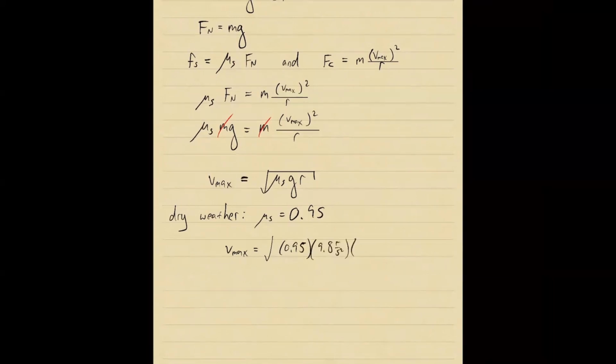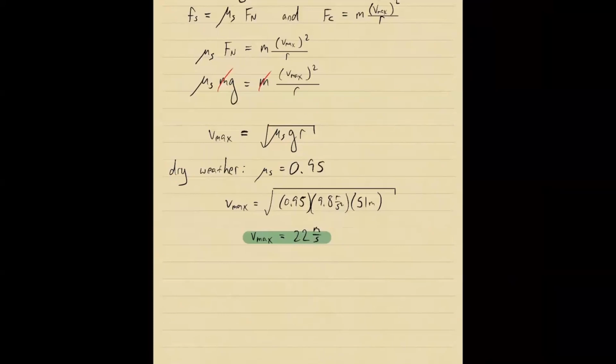And then we have r. So our r value is 51 meters because that's the radius of this track. Let me take the square root of all this. So we get a v max for dry weather, how fast we can go without slipping in dry weather, of 22 meters per second. That's our first answer.